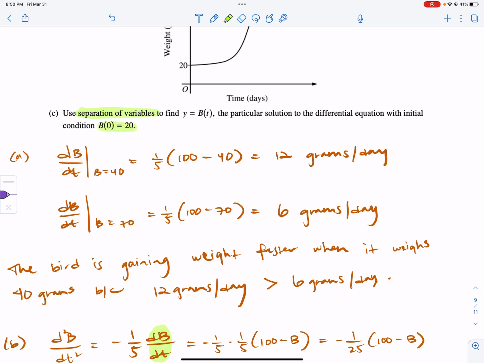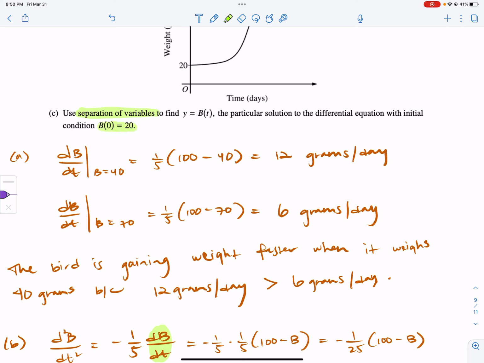Okay, so I'm going to divide by the quantity 100 minus B on each side of the equation here, and then I'll have 1/5 and multiply by dt on each side. This sets me up where I can integrate. I need to do a u-sub on the left-hand side. So du over dB is equal to -1, so we can say negative du equals dB.